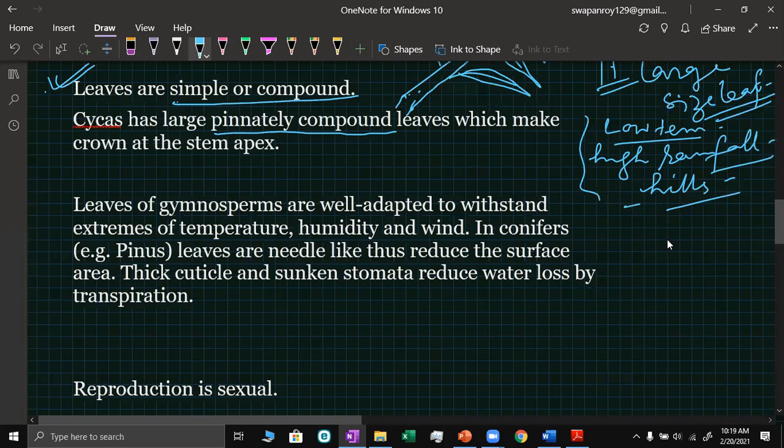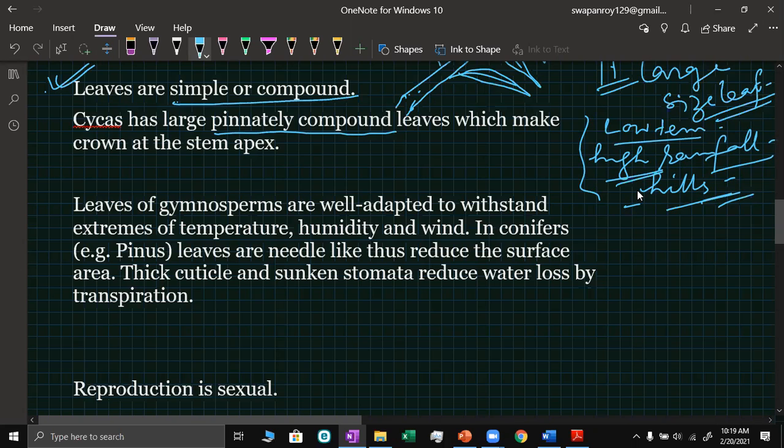Usually they grow in the hilly areas in low temperature, but still they show characteristics of xerophytes. Xerophytes are plants which grow in areas where very little water is available and high temperature is there.